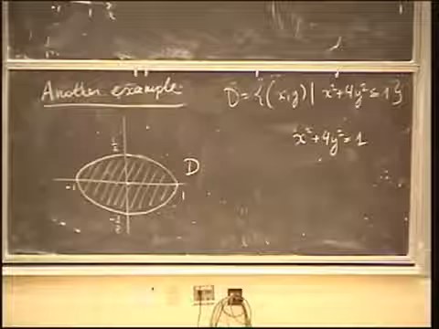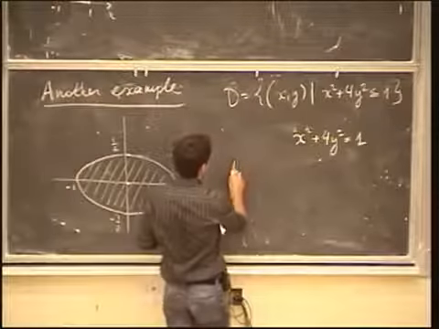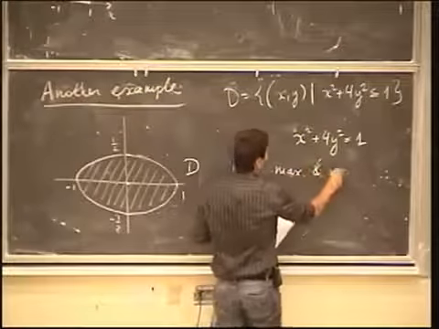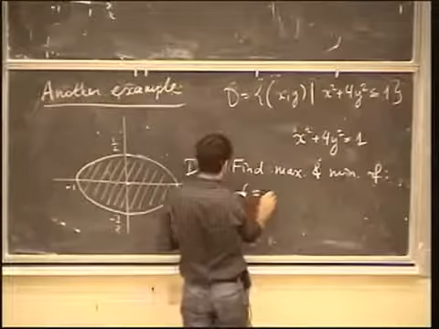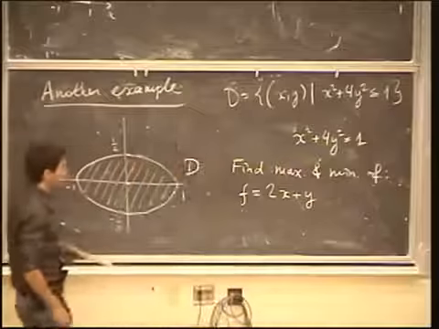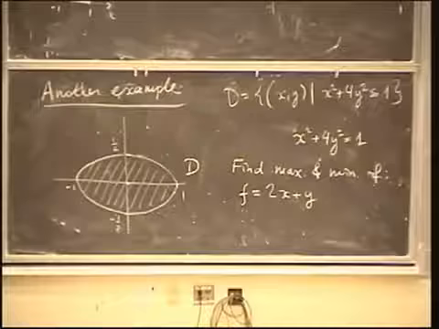Okay? And let's suppose you're asked to find maxima and minima of the following function. F, I'll make the function a little bit easier, a linear function, 2x plus y. So how would you solve this problem?